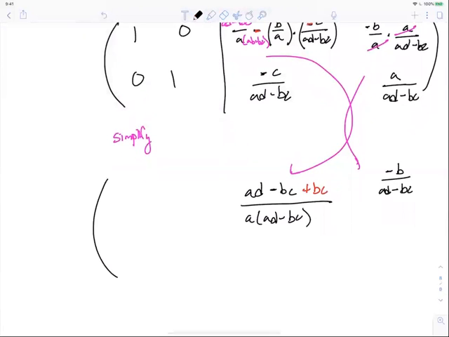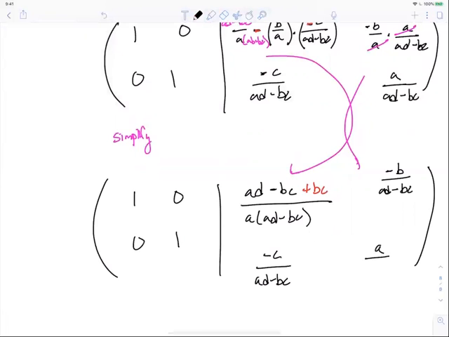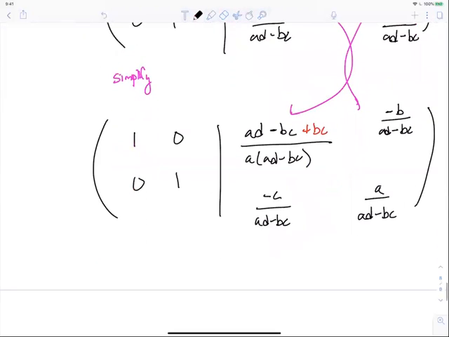All right. And we're going to simplify this one more time. Now you'll notice that this BC cancels with this one. And once you cancel that one, this A cancels with that.